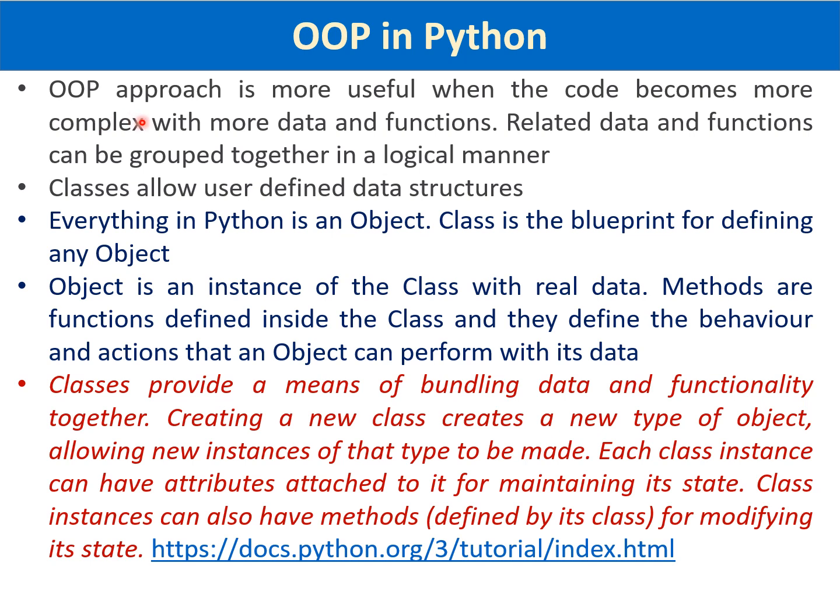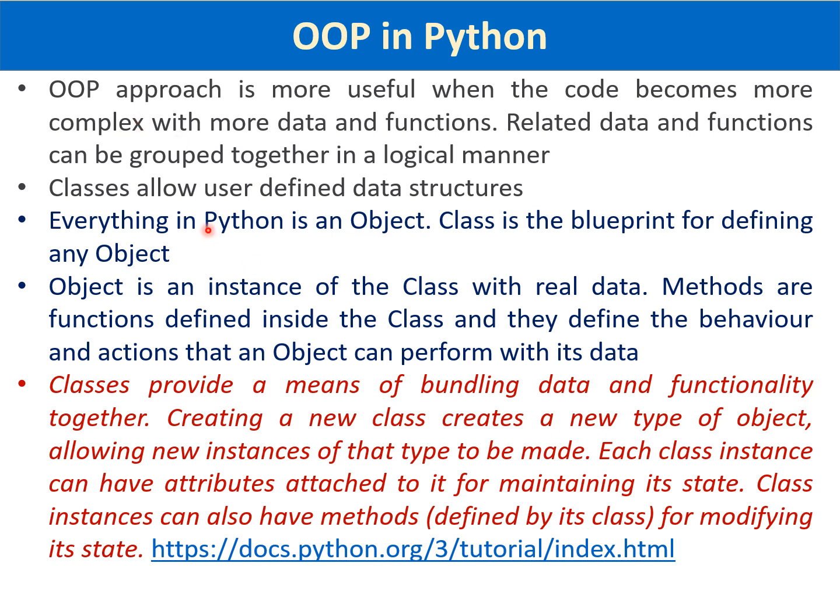Object-oriented programming approach becomes useful when you have a code which is very complex with more data and functions. And obviously, when there is some way of grouping together at least the related data and the functions in a logical manner, that would be very helpful. And that utility is provided by the object-oriented programming paradigm.